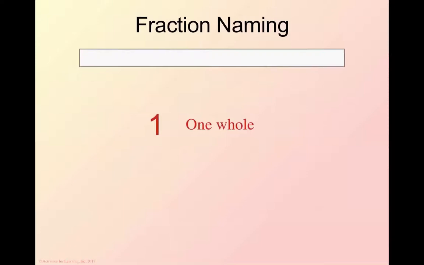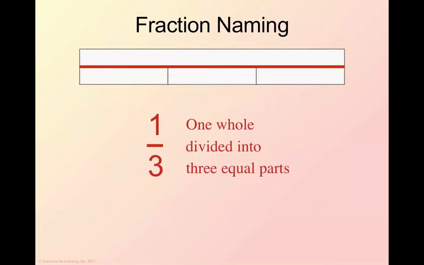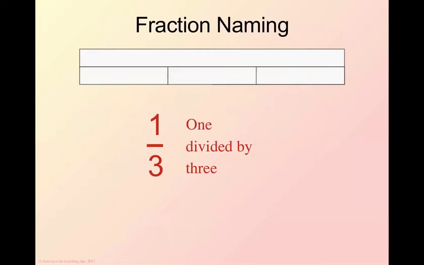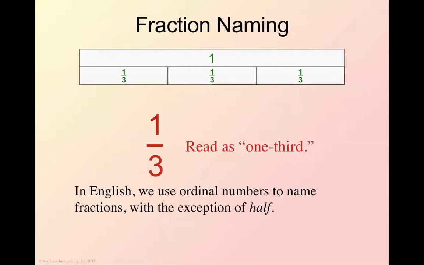I'm going to divide it into 3 equal parts. So this is 1 divided by 3, which gives us 1/3. And here I've marked my pieces, my 1/3. We read it as 1/3. And like we talked about, we use the ordinal numbers to name the fractions with the exception of half.